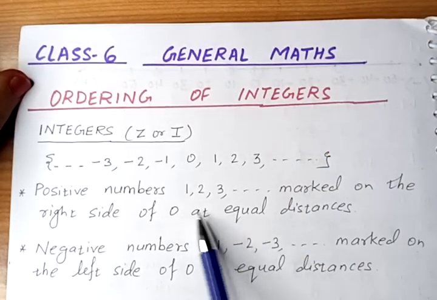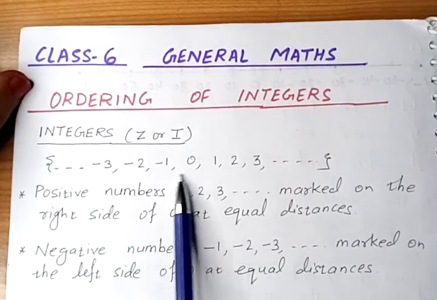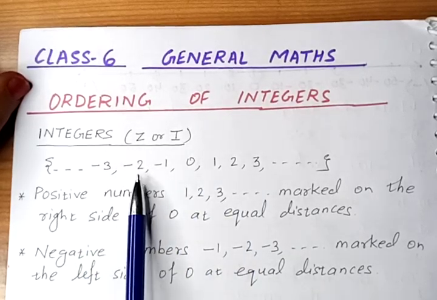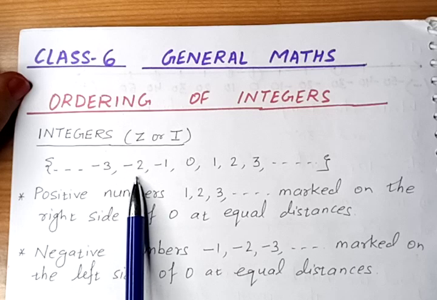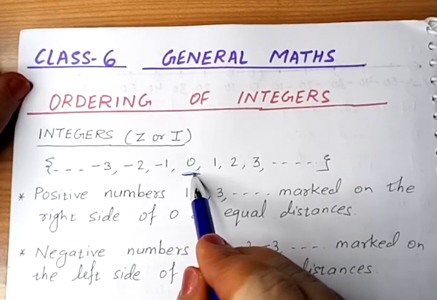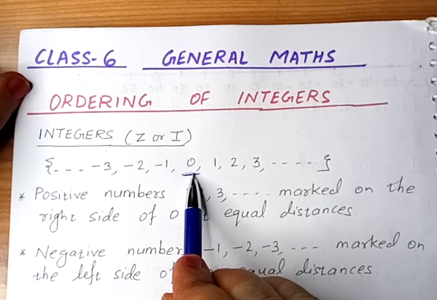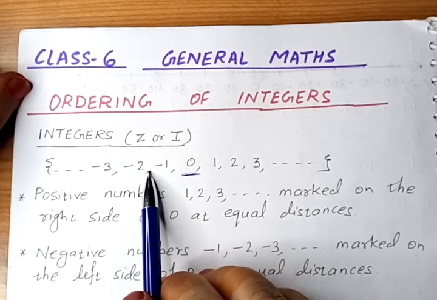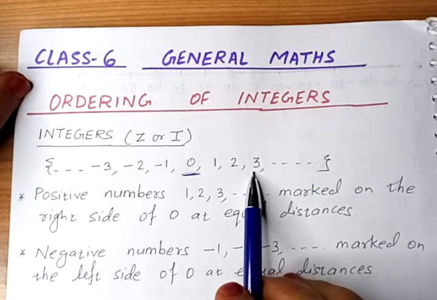Okay children, so you can see this is the set of integers. This is 0. 0 always lies at the center, the middle. Left of 0 there are negative numbers, and right of 0 there are positive numbers.